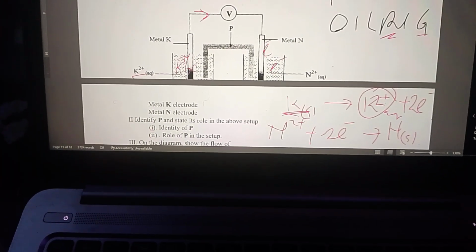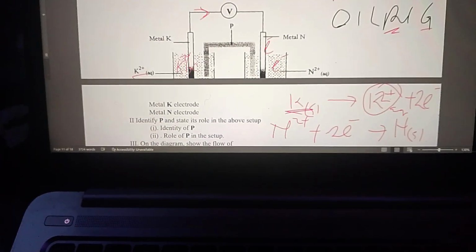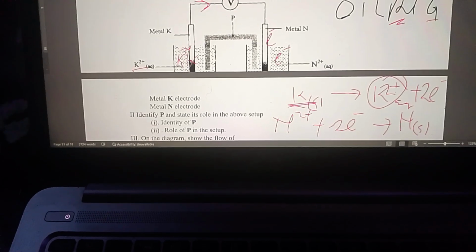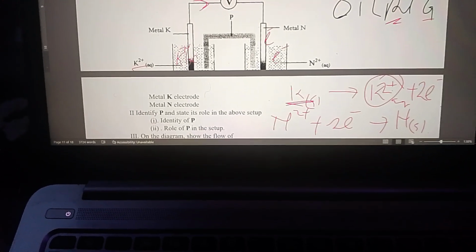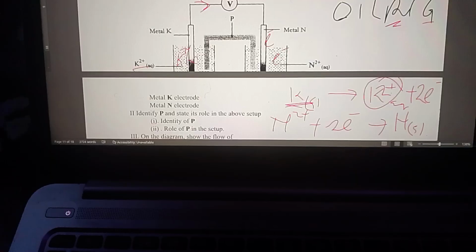Now why we are saying this electron is going to go this direction and not go in this direction is because we are looking at the electrode potentials here. Which one is more likely to pull electrons? For this case, these are more electropositive, likely to pull electrons to itself.